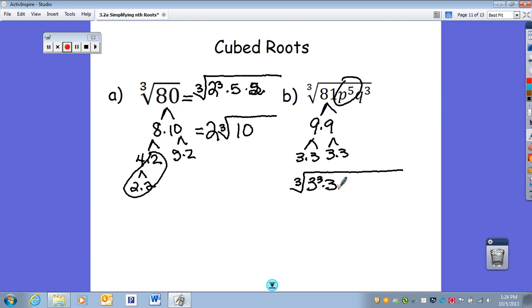Since there's 5 of them, I'm going to have one group of 3 and one group of 2, and then I have a q to the third power. So to simplify, a cube and a cube root are opposite operations, so the 3 can come out, the p can come out, and the q can come out. Then I have my third root of what's left inside, which would be 3 and p squared.